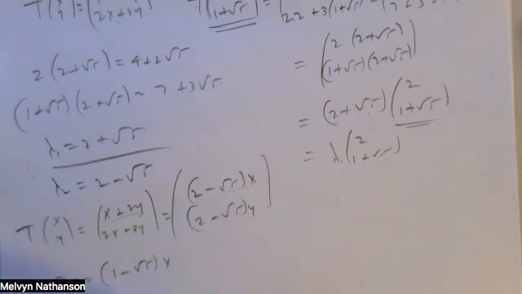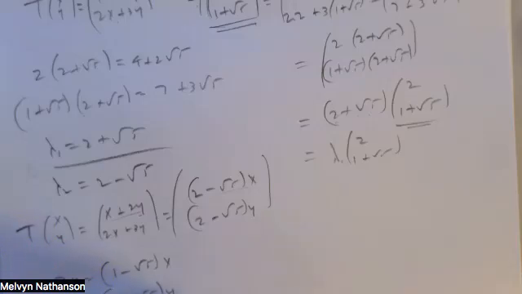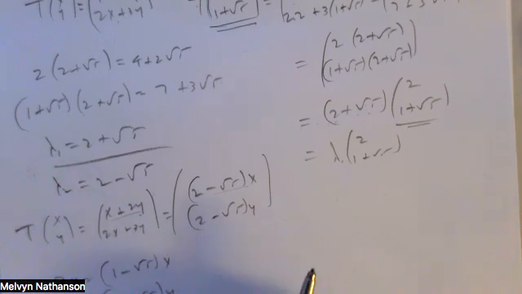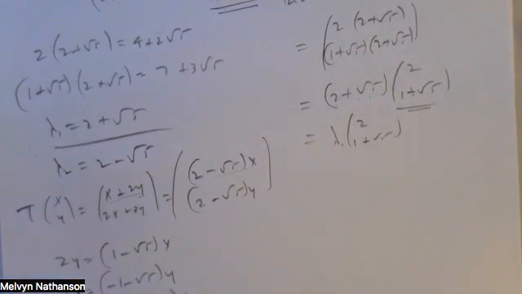So 2x equals minus 1 minus root 5 times y, which is minus 1 plus root 5 times y. This equation is the same as the first.